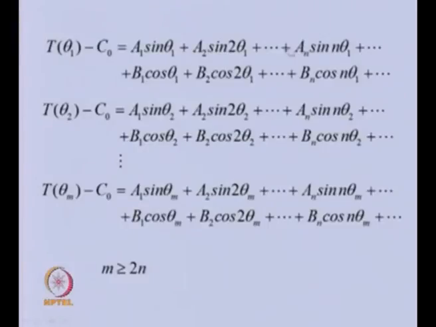If we see the previous equations, I have arranged the terms in this particular form, and all the terms which were on the left hand side I have brought here to the right hand side. You can see that these are total m equations, which is either equal to 2n or more than 2n.